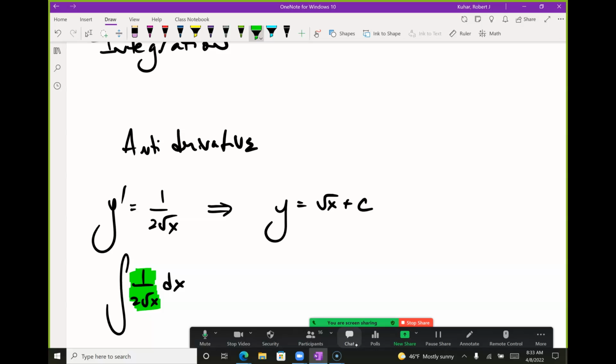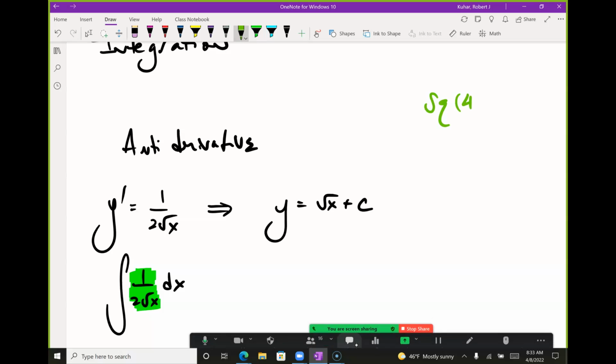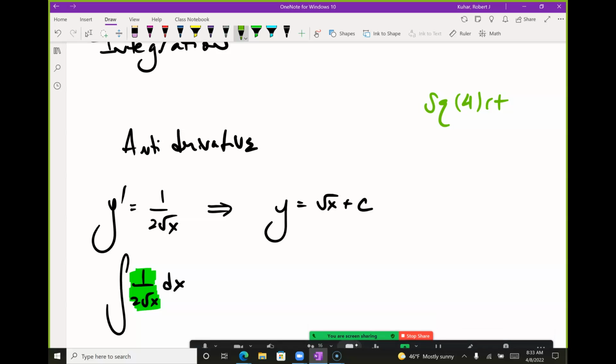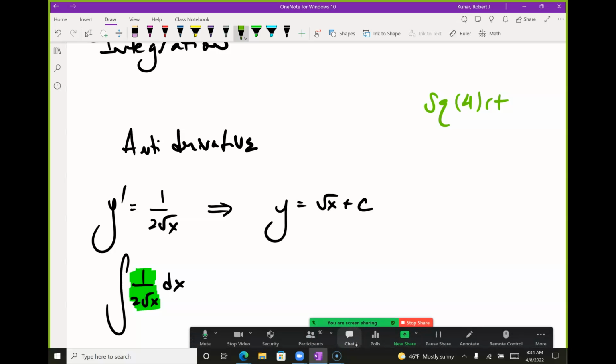The operator's like bookends, right? Like if I had said something like square root of 4, you can see my square root piece I've written as bookends. So my operator's in 2 pieces here. Kind of weird. But guess what the answer is? The same answer as when I did my antiderivative, square root of x plus c.